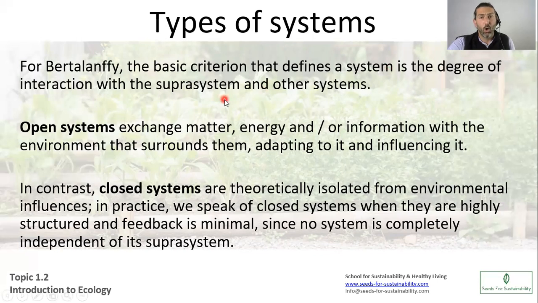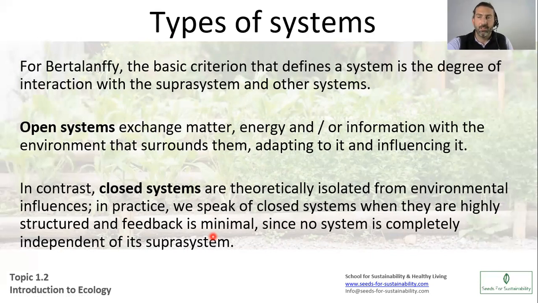Let's repeat. Open systems exchange matter, energy, and information with the environment. In contrast, closed systems are theoretically isolated. In practice, we speak of closed systems when they're highly structured and feedback is minimal, since no system is completely independent of its supra system.